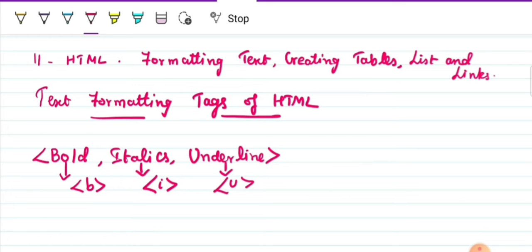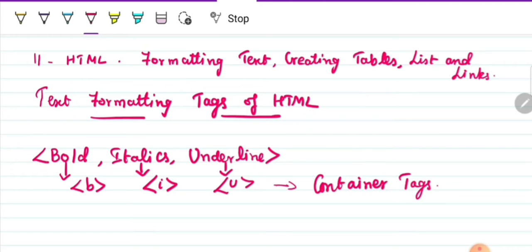So for bold it is B, for italic it is I, and for underline it is U. These are the tags used to make the text bold, italic and underline. Another point you can note: these three are container tags for you.